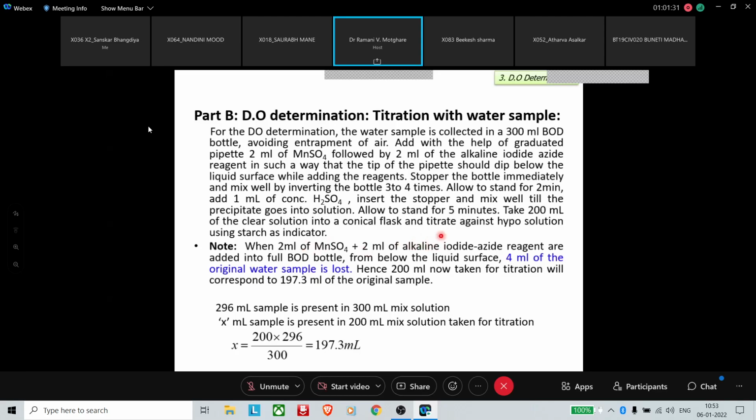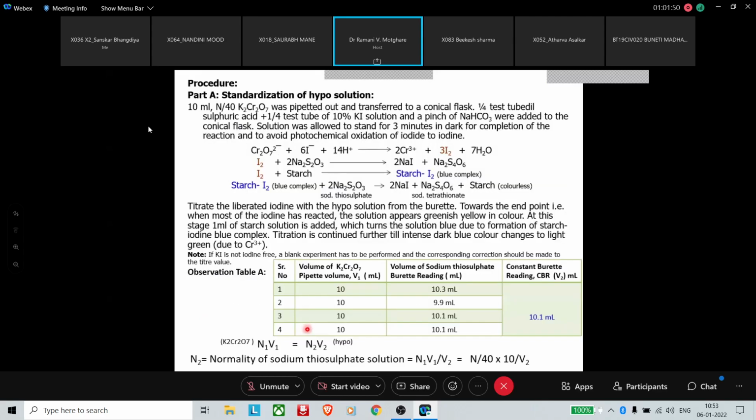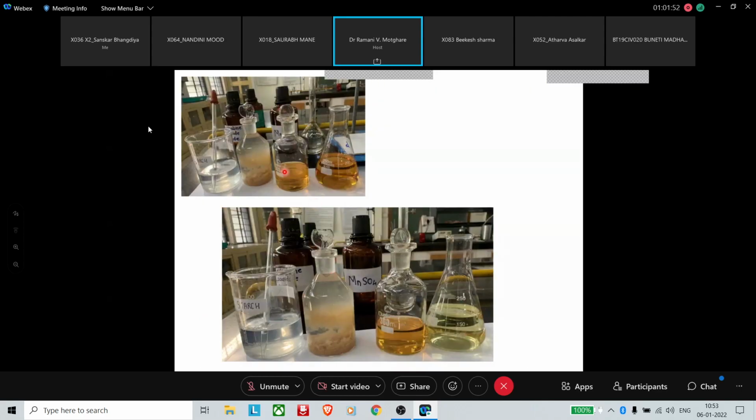This is a distilled water prepared solution, so it does not have dissolved oxygen. Hence 200 ml now taken for titration will correspond to 197.3 ml of original water sample.